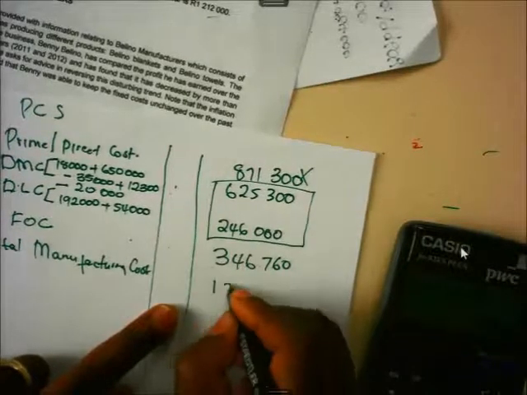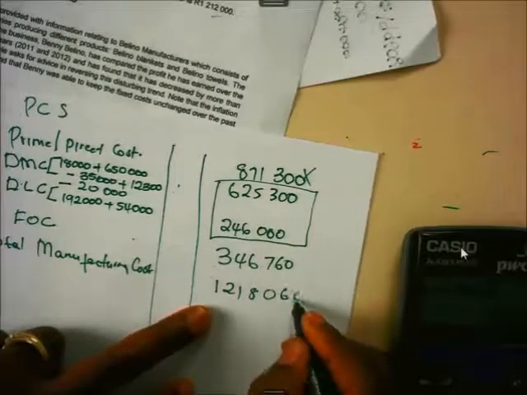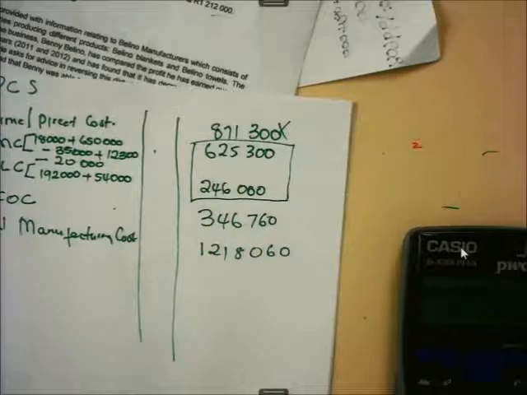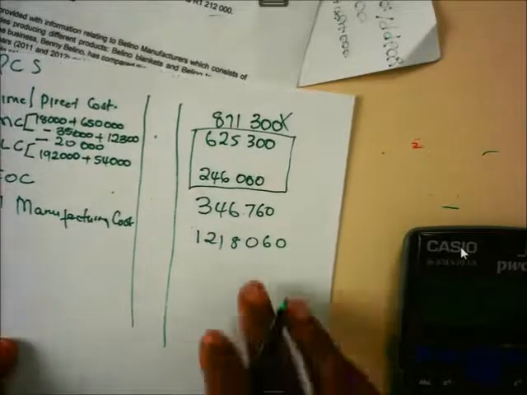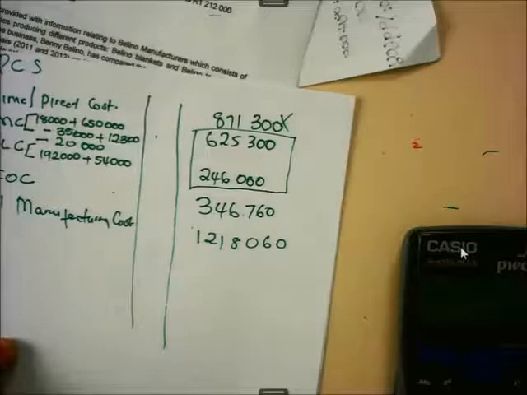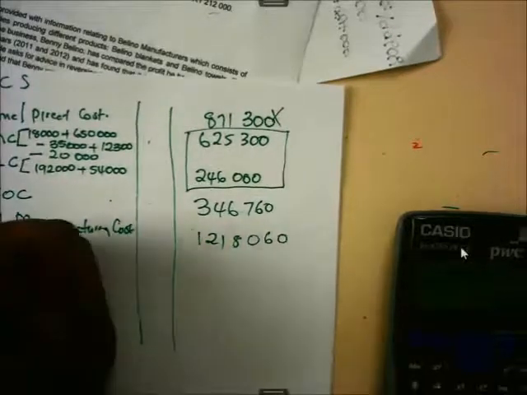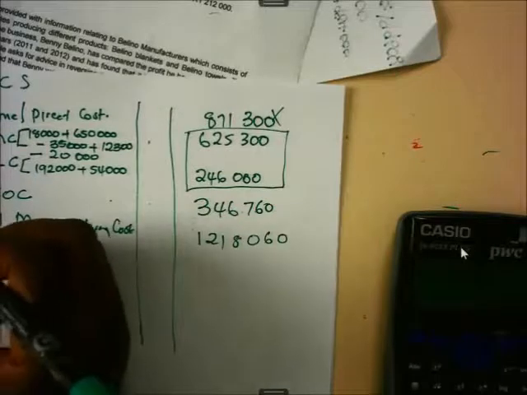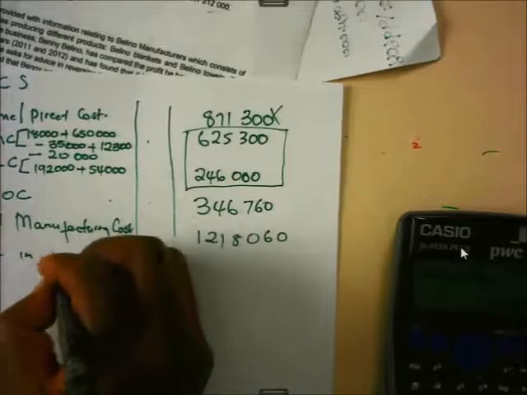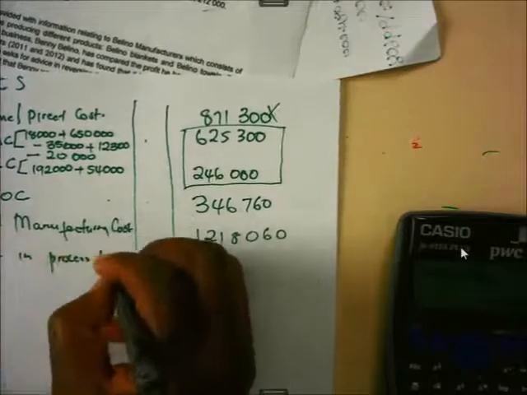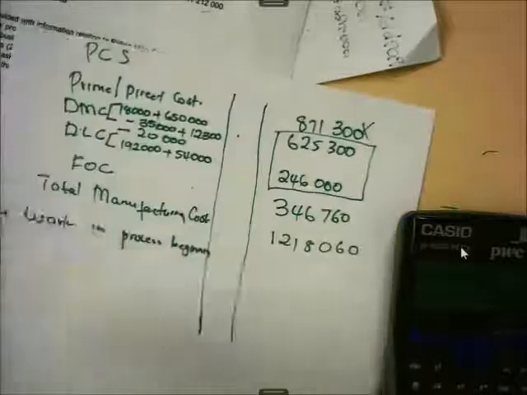That gives 1,218,060. Now we say work in process at the beginning. We add the work in process at the beginning. Let's go to the information.